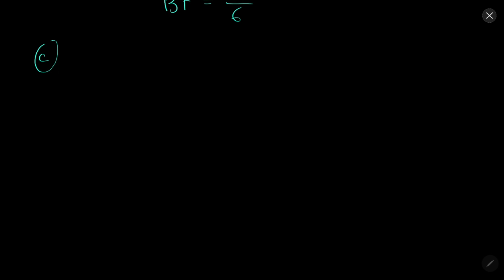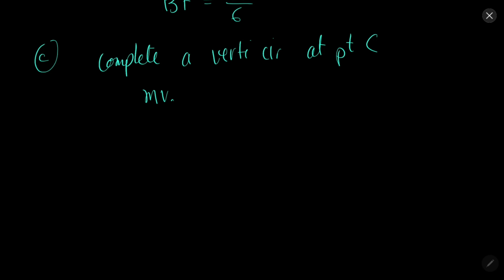Now C part. If the particle has to complete a vertical circle at point C, then m vC square over (L minus x) will be equal to mg. So v square C will be g(L minus x).